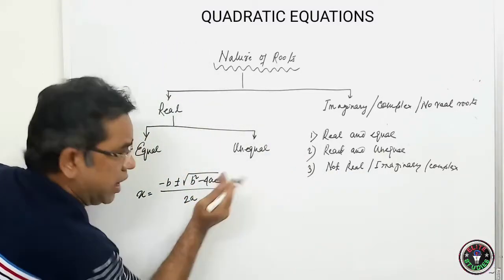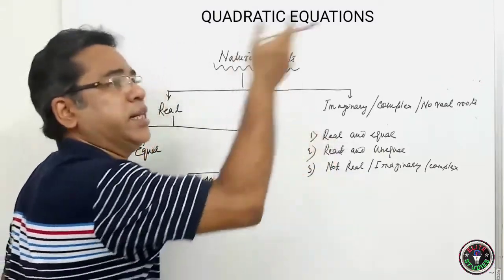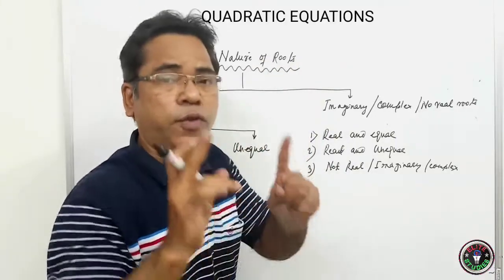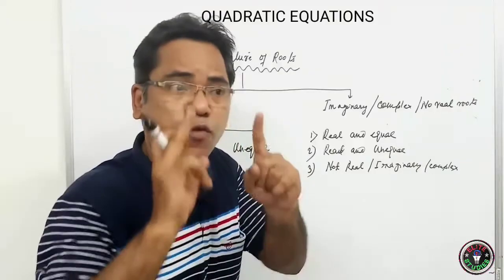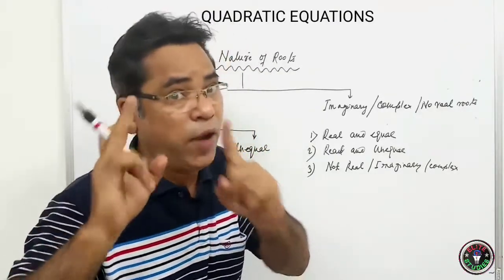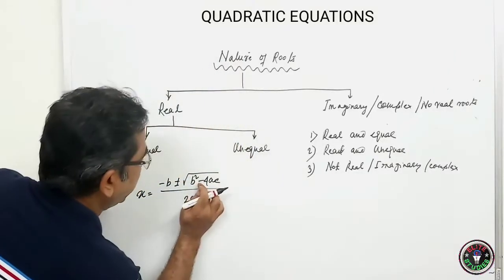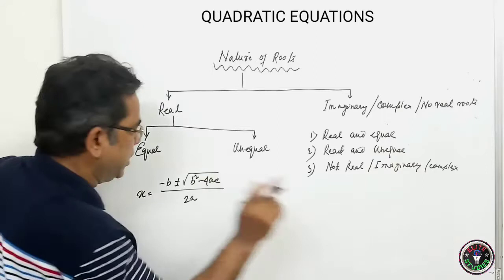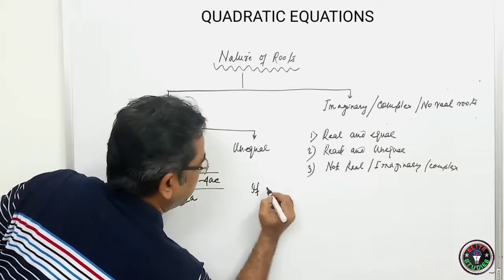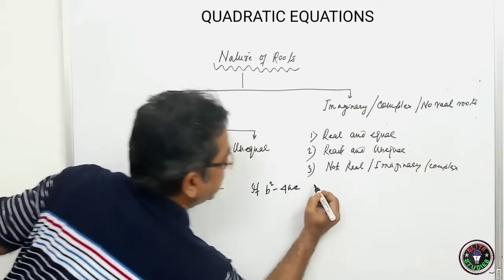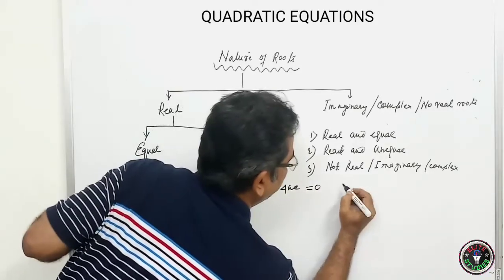And if b square minus 4ac is 0 or greater than 0, then it is defined. Square root of, again I will repeat, square root of 0 or any number greater than 0, means positive number, is always defined over real numbers. So x will be real. So what is the condition? If b square minus 4ac is equal to 0, it will give you real.